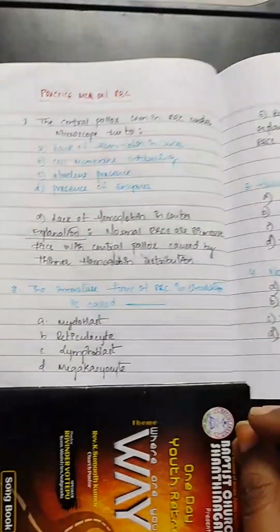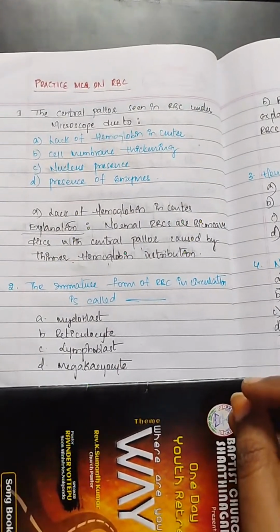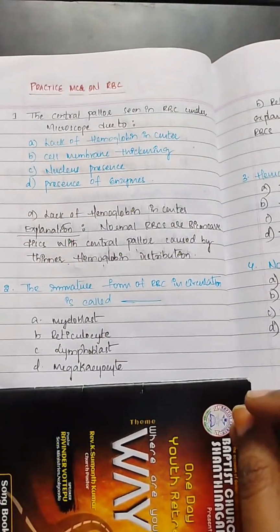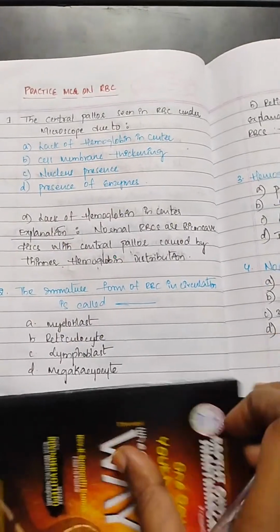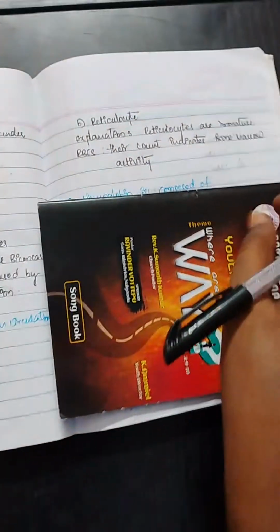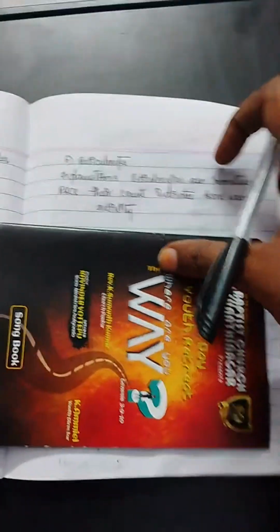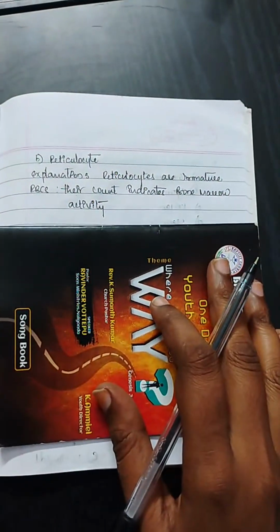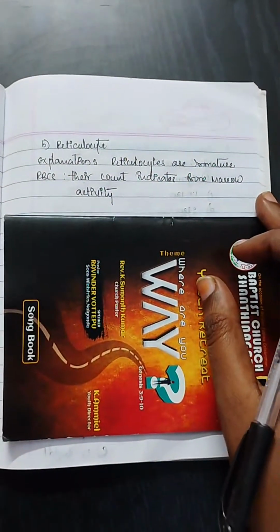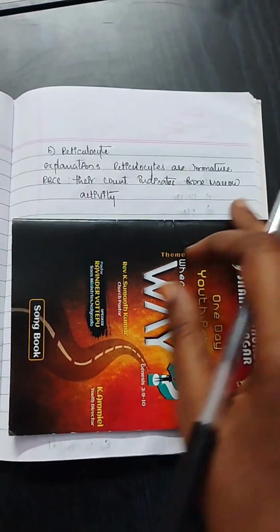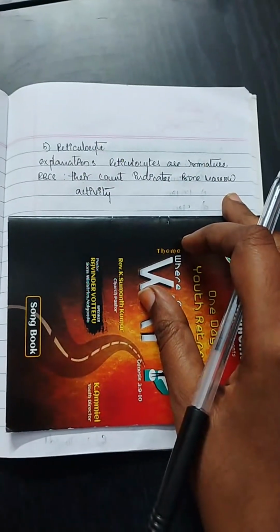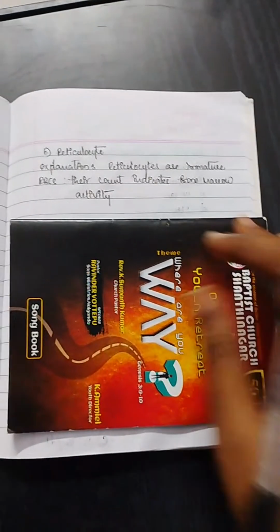And the answer is reticulocyte. So nothing but reticulocytes are called immature RBCs, and their count indicates bone marrow activity.